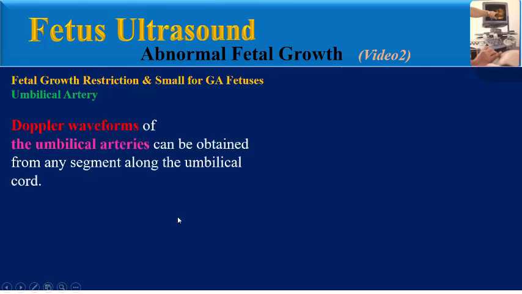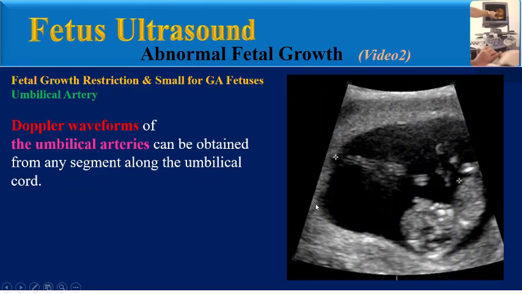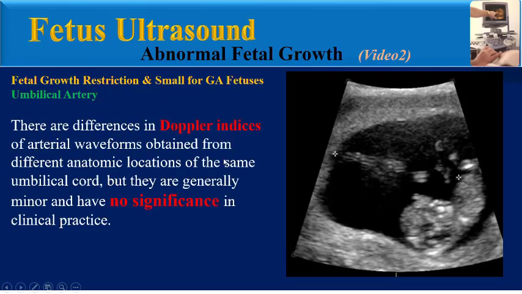Doppler waveforms of the umbilical arteries can be obtained from any segment along the umbilical cord. There are differences in Doppler indices of arterial waveforms obtained from different anatomic locations of the same umbilical cord, for example in the fetal insertion or placental insertion, but they are generally minor and have no significance in clinical practice.